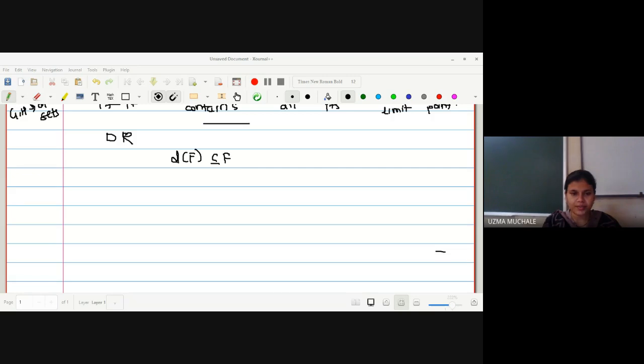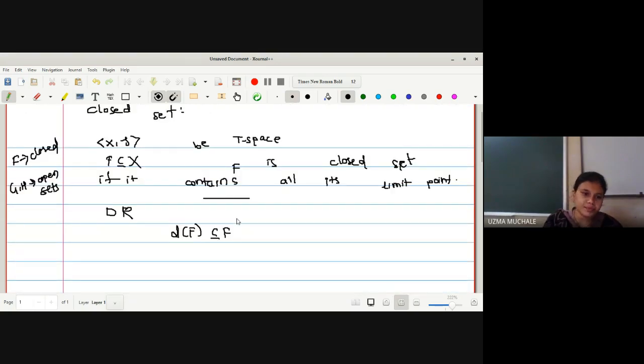Have you understood the definition? I think this definition is already known to you. To check whether a set is closed, we first have to find the set of limit points, which is nothing but the derived set. How do we find a limit point?